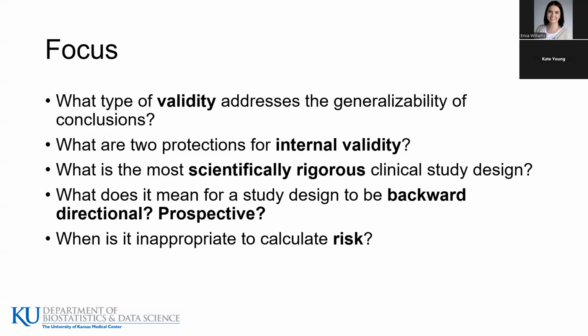What does it mean? What factors go into a study design? We're going to talk about two factors, backwards versus forward directional, and prospective versus retrospective. And then when is it inappropriate to calculate risk?